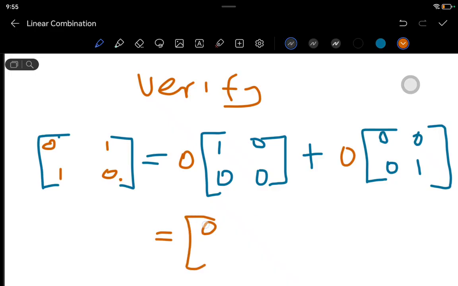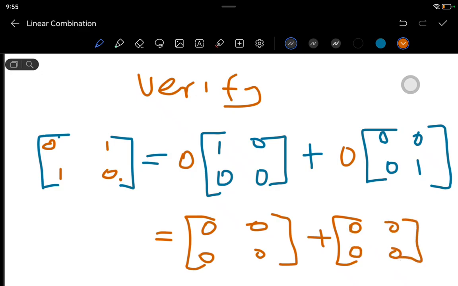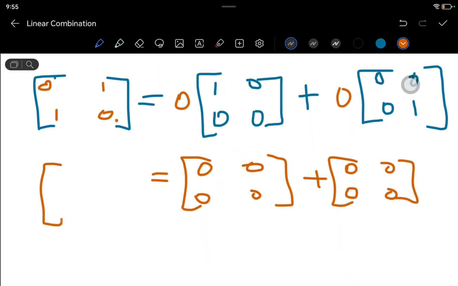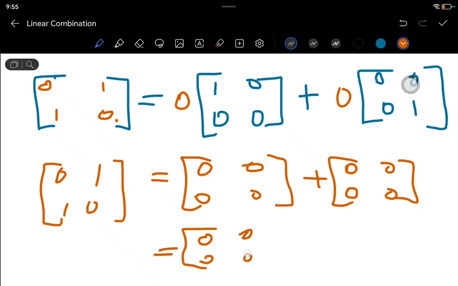This will be 0, 0, 0, 0, while this is 0, 1, 1, 0.